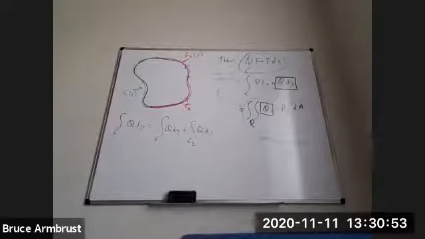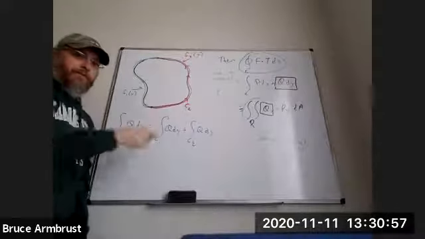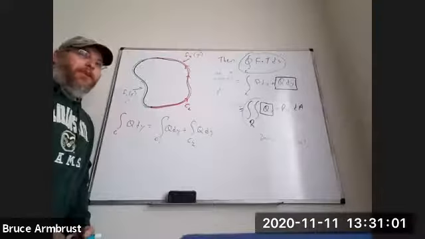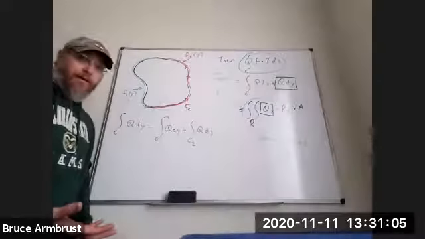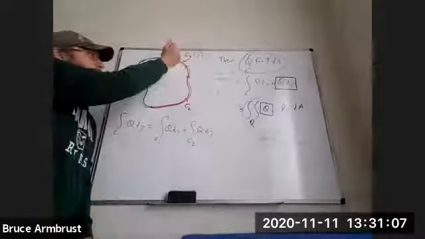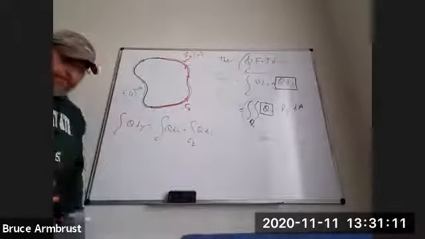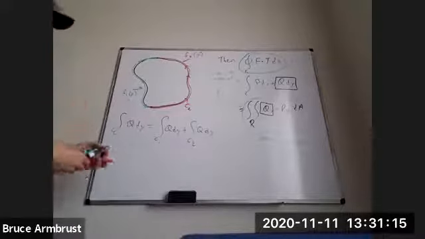All right, so what we want to do now is basically parameterize these curves. Well, the easiest way to do that would be to let y equal t, and then x is going to equal f2 of t or f1 of t, right? And so let's look at what that's going to be.